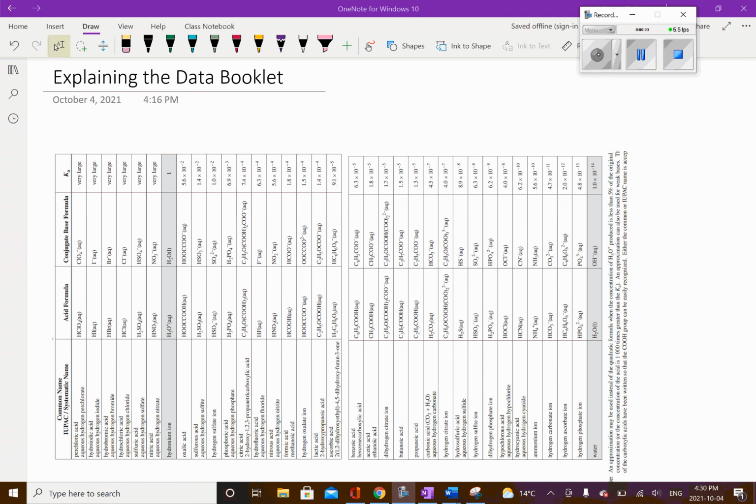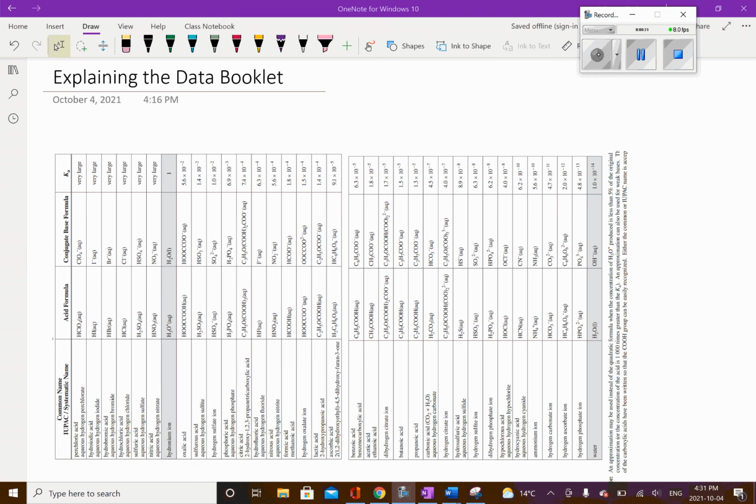Okay, so this is part of the group of videos for acids and bases, explaining the table. So explaining each column of the table and what you need to know in regards to the table.